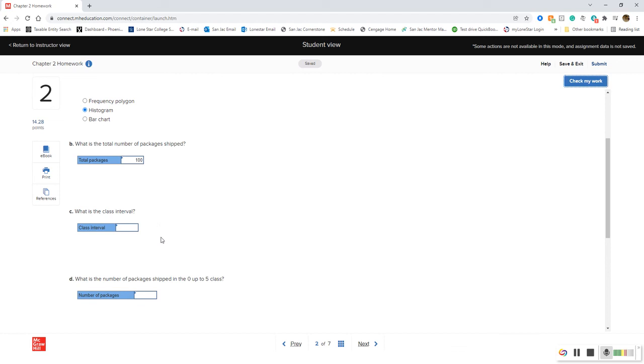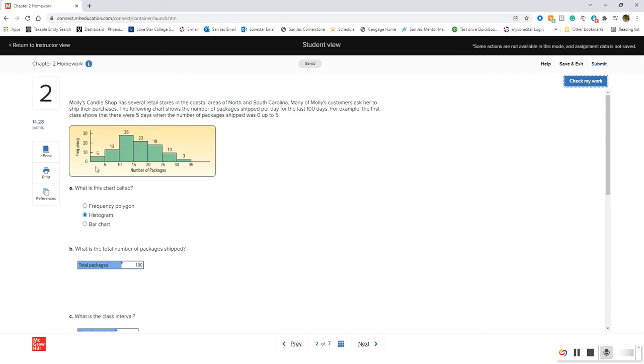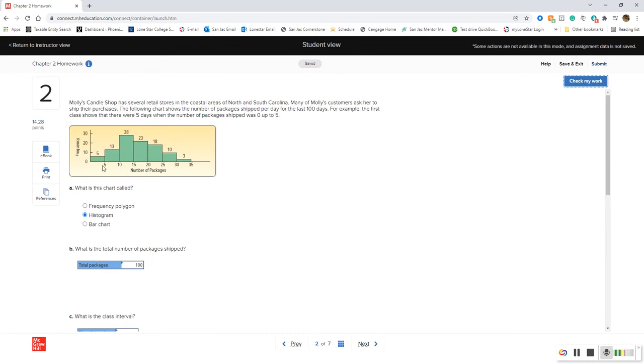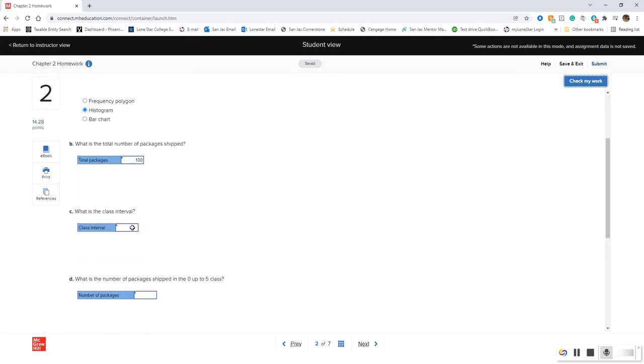Anyways, what is the class interval? Okay, first off, how many classes do we have? We have 1, 2, 3, 4, 5, 6, 7. So we got 7 classes. Remember, we take the maximum, which actually we don't have to because it's already in class intervals. So 0 to 5, 5 to 10, 10 to 15, it's 5.